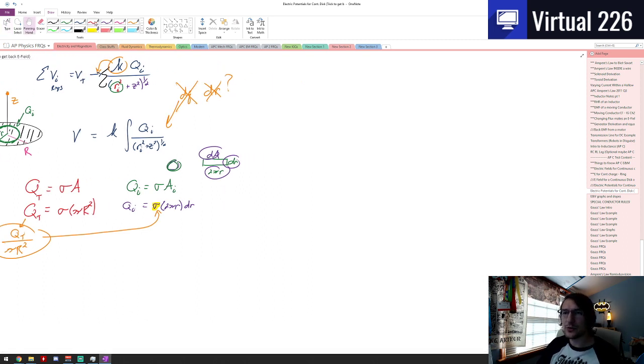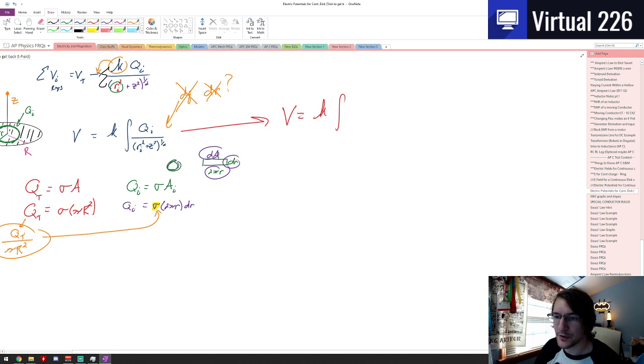What this will allow me to do now is, in taking this integral, I can say that this voltage is going to equal K times the integral of Qi, which is going to be Qt over pi R squared times 2 pi r dr, because that's everything Qi is. So times 2 pi r dr, that's all of Qi.